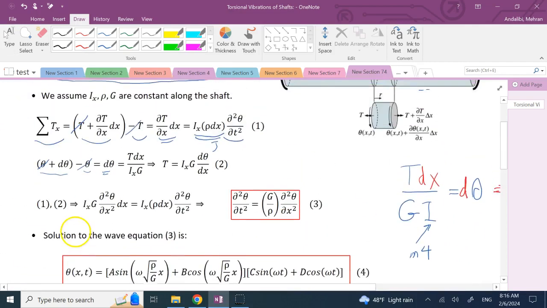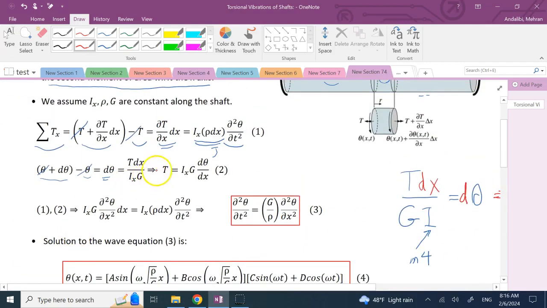So going back here, we have this formula, and here we bring this dx down to the denominator, and multiply both sides by I_x times G, you get T equals I_x times G times d theta over dx. So one relation is this, one relation is that, and now we need to combine them.